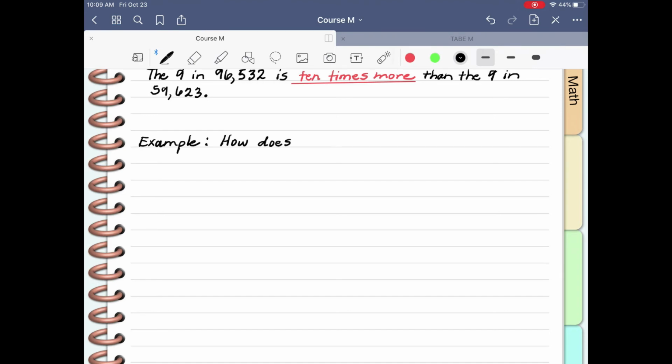How does the 4 in 342 compare to the 4 in 94,652?